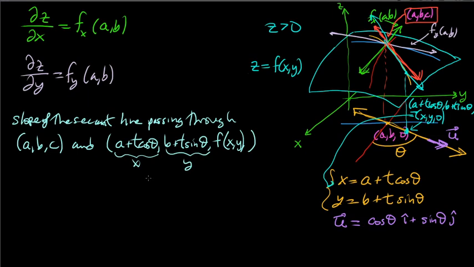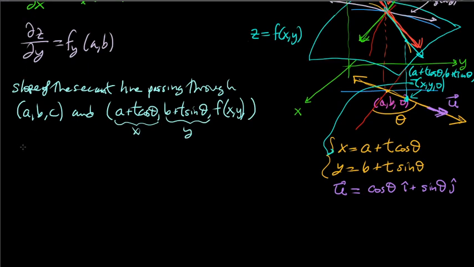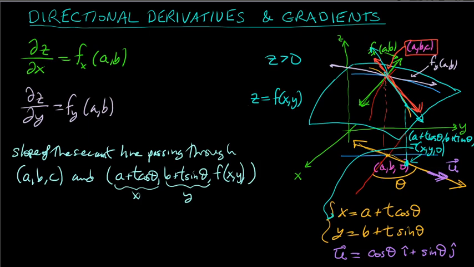Okay, so to get that slope, you do the usual thing: rise over run. Here's the rise. Oops, sorry, I'm really running out of colors here. So this is the rise, and this is the run. The run is just t. The rise is the difference in the z-coordinates.